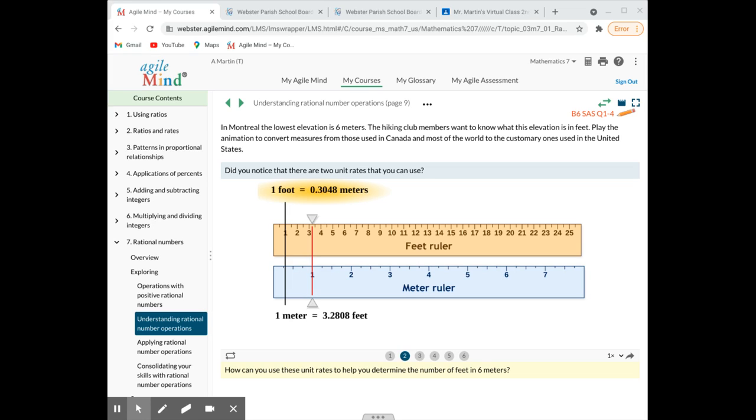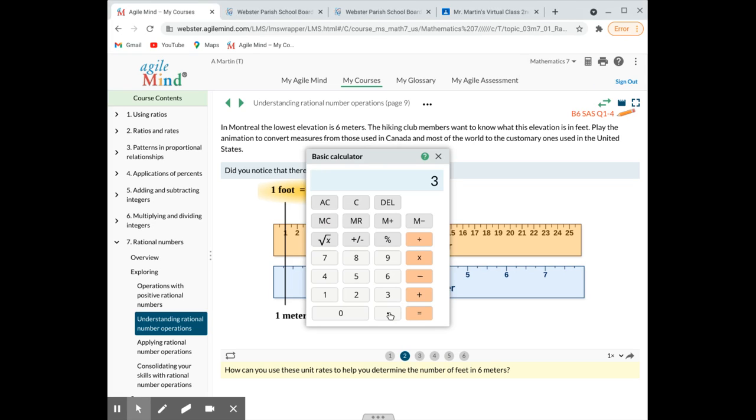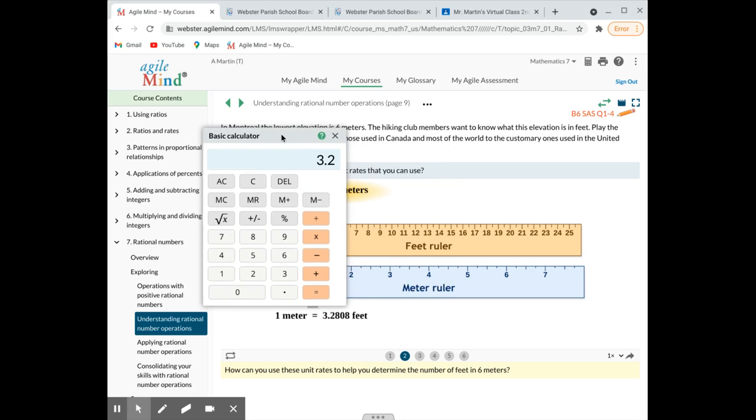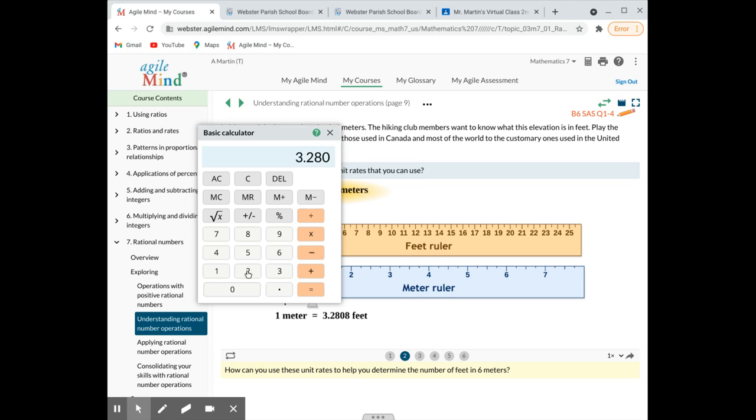All right, so let's do that. So how many feet are in 6 meters? 19.6848. All right. Well, let's write down how to get our answer and put that there for number 2.